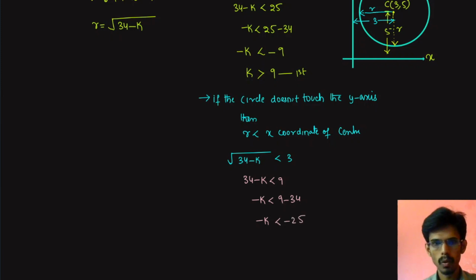Now if I remove the negative sign, I'll get k should be greater than 25. This is the second condition for the value of k. But k greater than 9 and k greater than 25 means this condition is more important because it rejects the values of k greater than 9.